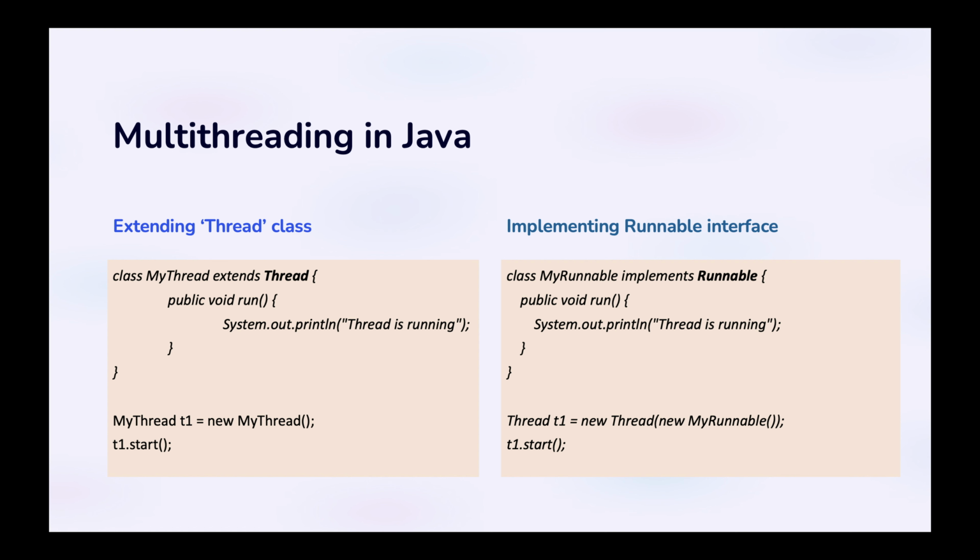Under that I am writing the code of what the thread should do, right? And to call the thread, it's a little different: Thread t1 = new Thread(), and under that you pass the class you wrote, new MyRunnable(), and t1.start(). That's all, right? So these are the two ways you create threads.